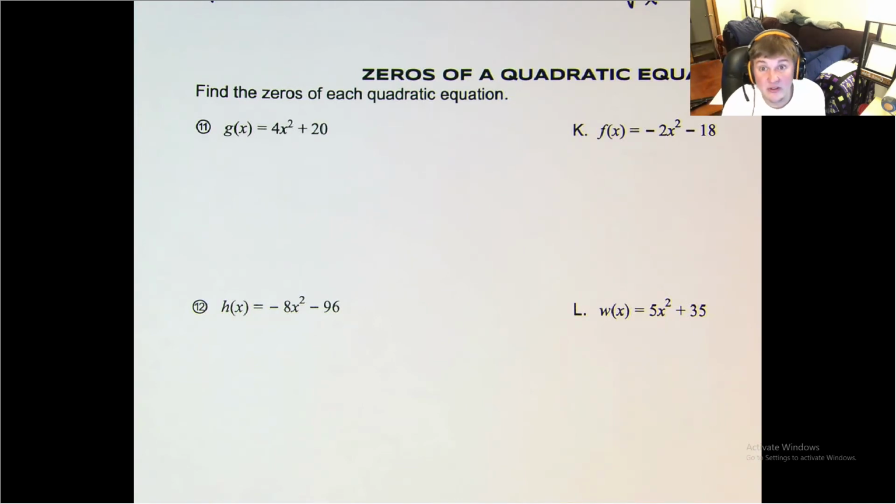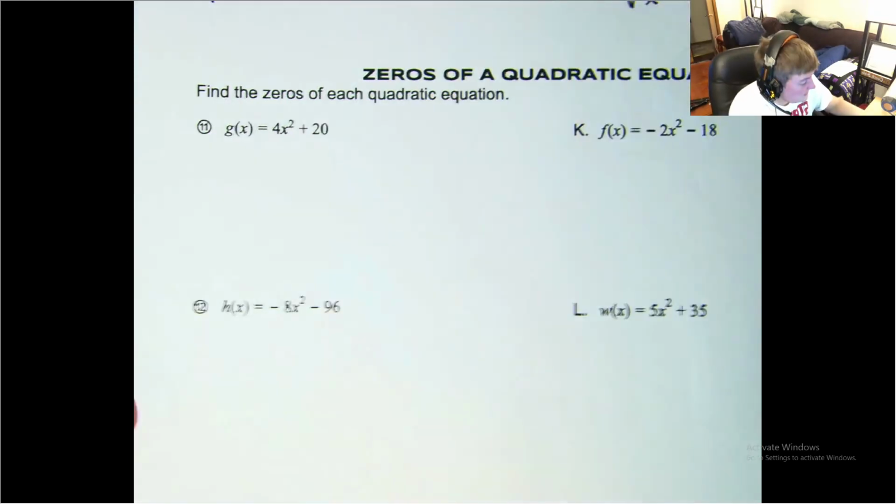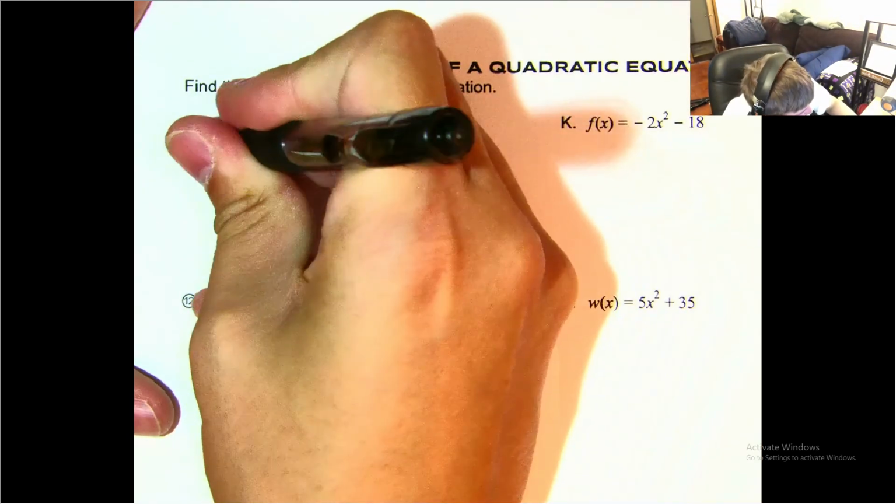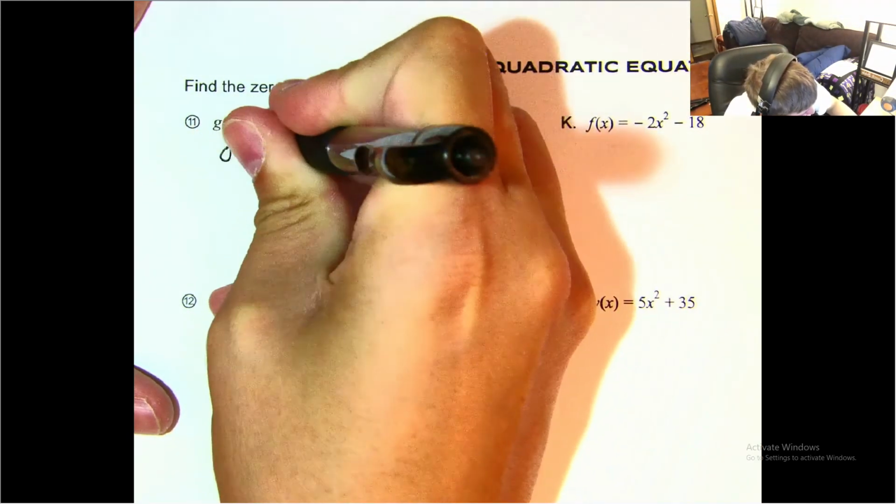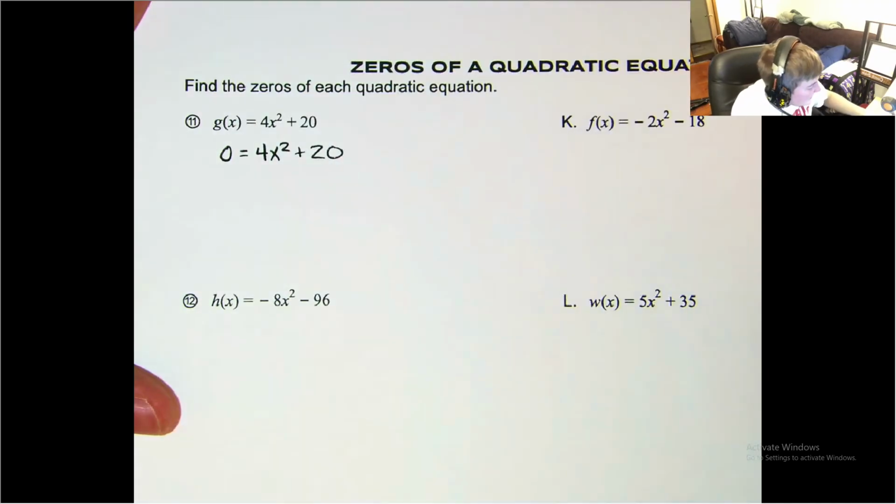Okay, we can still find x values that make the function equal to 0, which means that's where it would cross the x-axis, even though it's not. So again, we're just looking for x values that are going to make this equal to 0. So what this means is I need to set this function equal to 0. Okay? And then I can solve the exact same way that I did above.